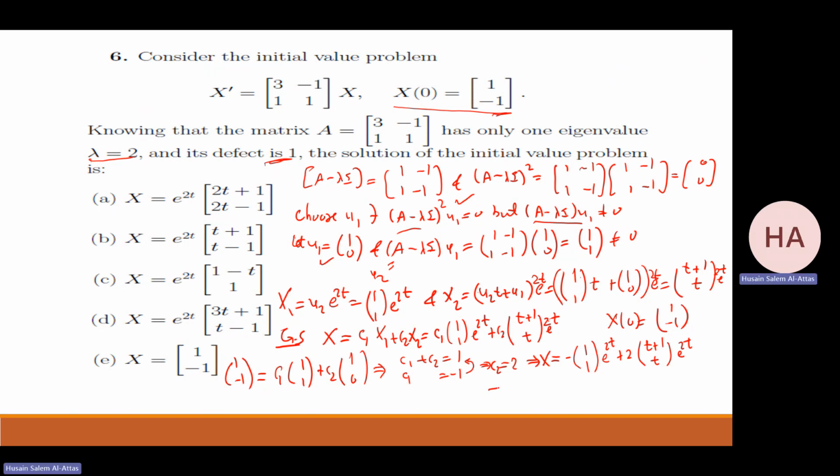That will be minus 1 plus 2t plus 2, and minus 1 plus 2t, times e to the power 2t. That gives me 2t plus 1, and 2t minus 1, e to the power 2t. This is exactly this one.